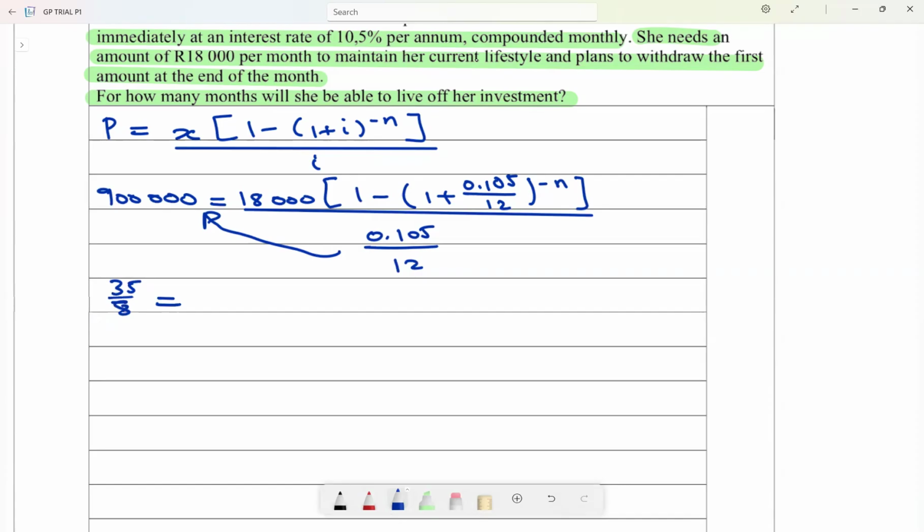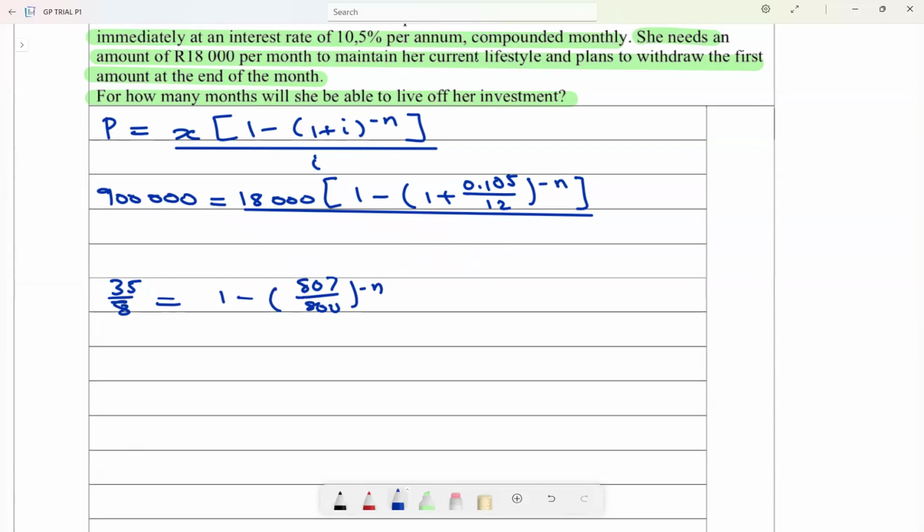This is after multiplying this and then dividing by 18,000. And then inside the bracket, I'm going to have 1 minus (1 plus 0.105 divided by 12), which gives something like 807 divided by 800, to the power of negative n.